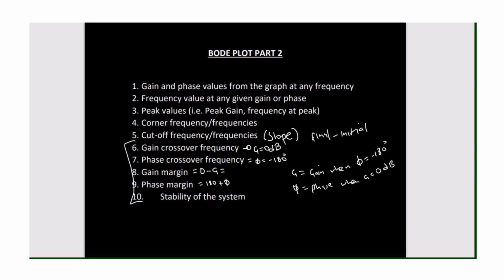Now guys, stability of the system depends on your gain margin and phase margin. If both are positive, then the system is stable. Otherwise, it's unstable. If either gain margin or phase margin is negative, it's unstable. But if both of them are positive, then the system is stable. I hope this is clear.